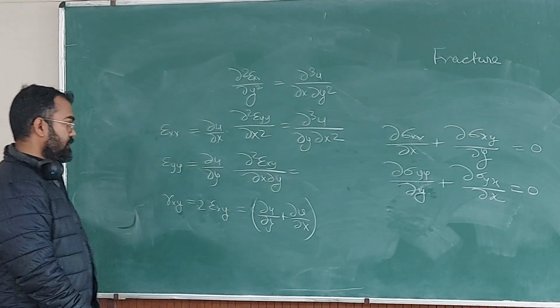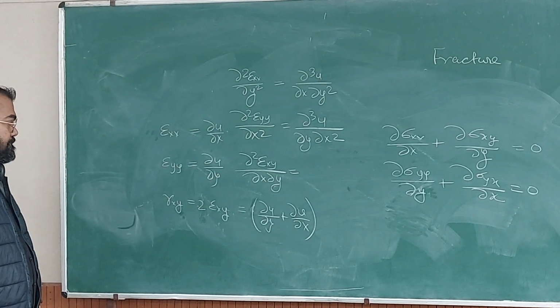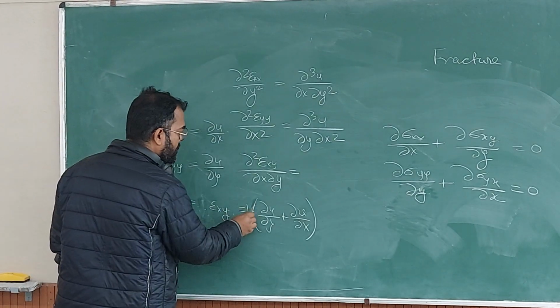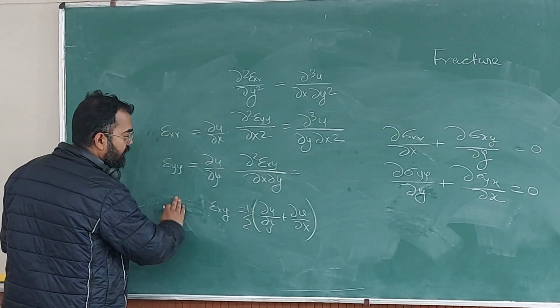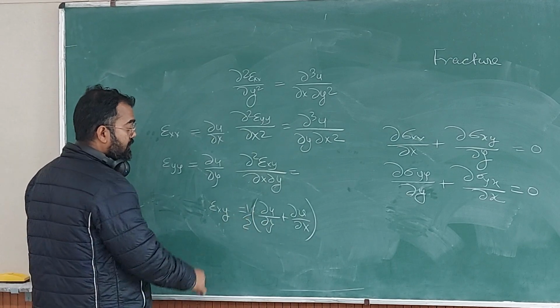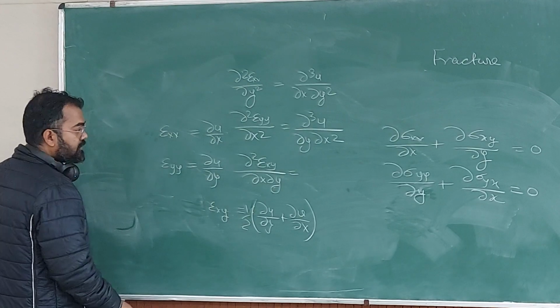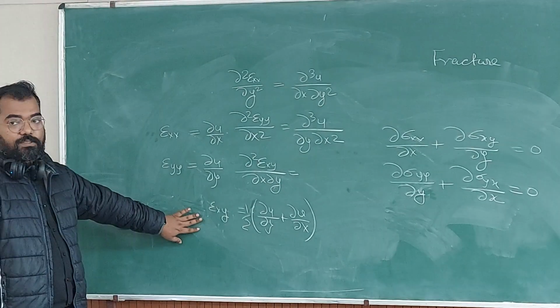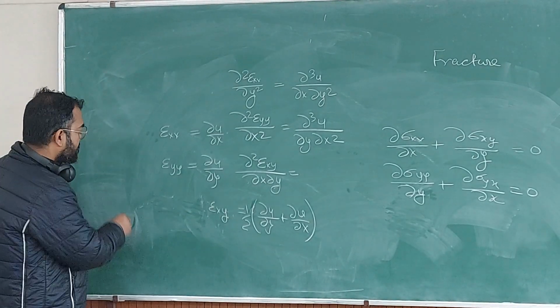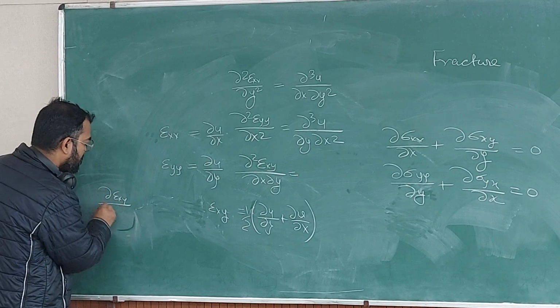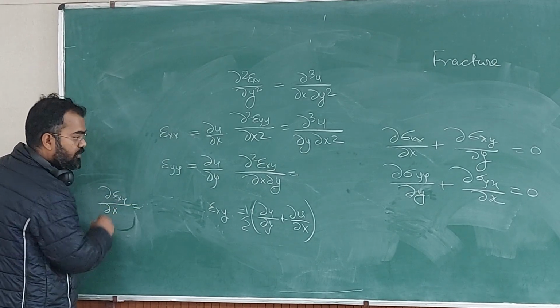What will this be? Then the half will go there, no? Because we are doing this derivative. So the derivative of this with respect to x, what will that be? First, do the first derivative with respect to del x. So del epsilon xy by del x is equal to how much?